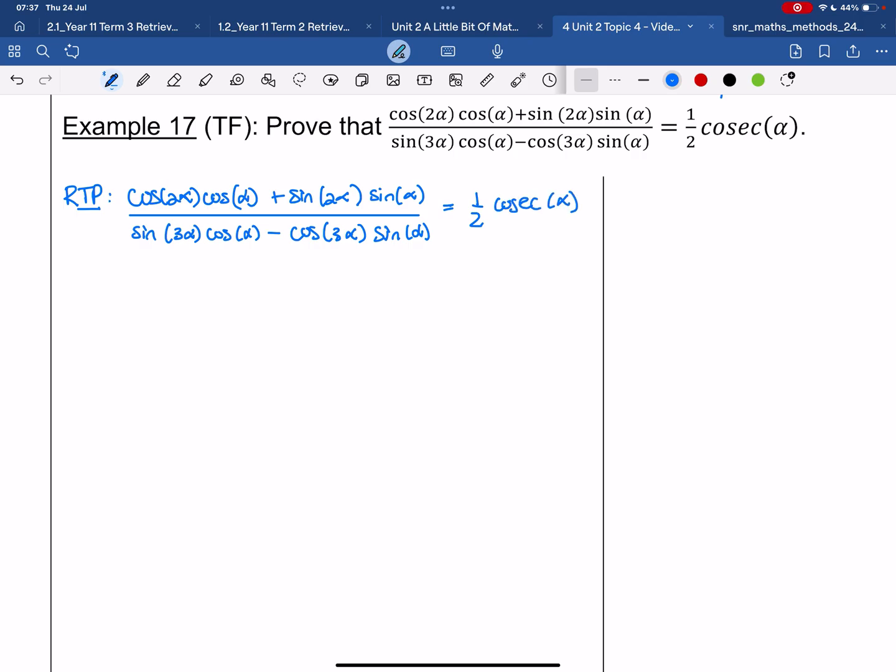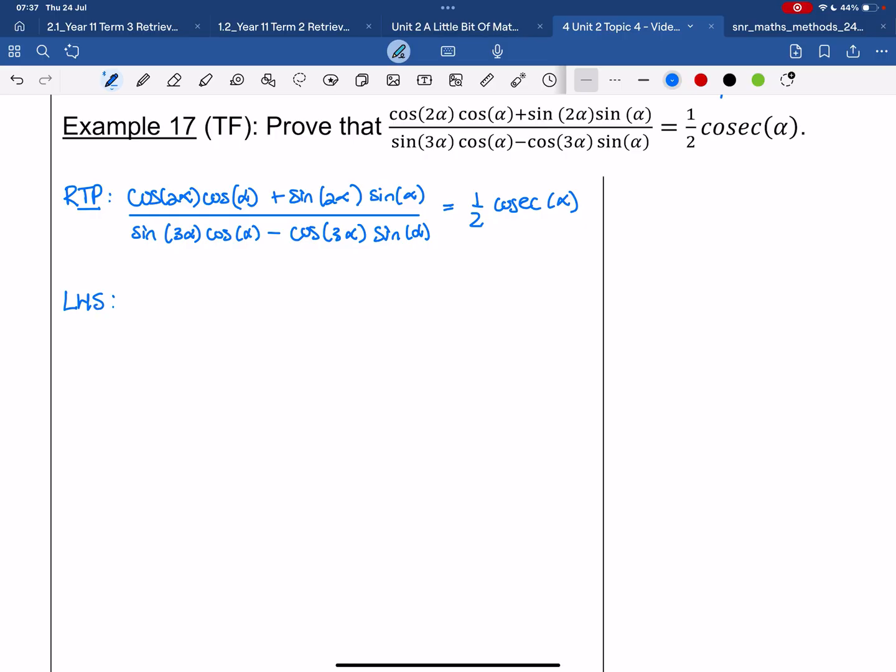Now, I need to pick either the left-hand side or the right-hand side. Because the left-hand side is looking so complicated, that's probably the place I'm going to be able to simplify the easiest. So I'm going to say my left-hand side.